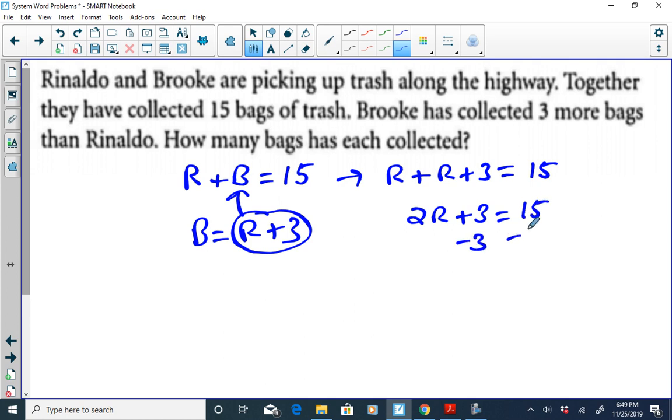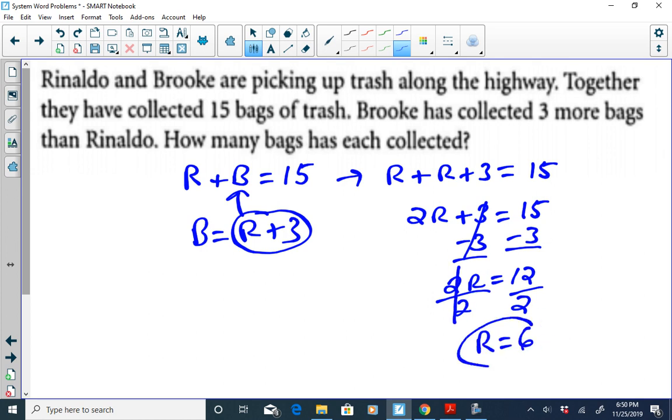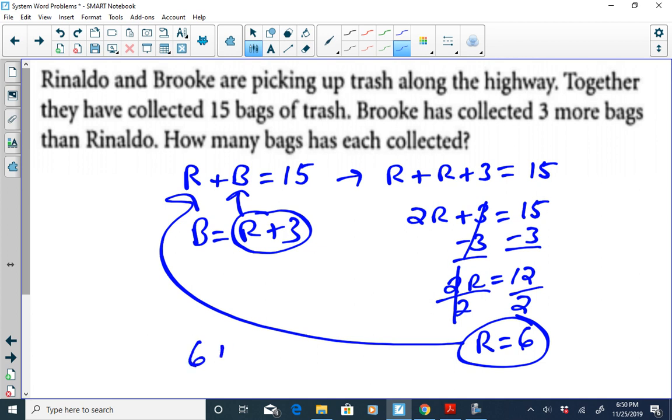Two-step equation. Subtract 3 from both sides of that equation. We wind up with 2R is going to be equal to 12. Divide by 2. Divide by 2. They cancel. R is going to be equal to 6. And once I know R is 6, I'm going to replace R with 6 to find B. So I have 6 plus B is equal to 15.